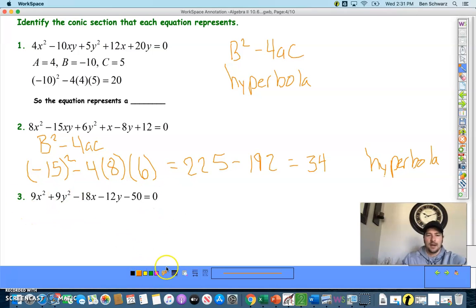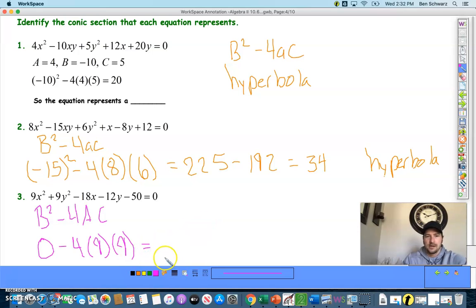Finally, this one, you've got to be a little careful. It can be a little tricky because we're missing the xy term. So when we do b squared minus 4ac, since there's no xy term, it's just 0 minus 4. A is 9. C is always the y squared term, which is 9 as well. So that's going to be 81 times 4.